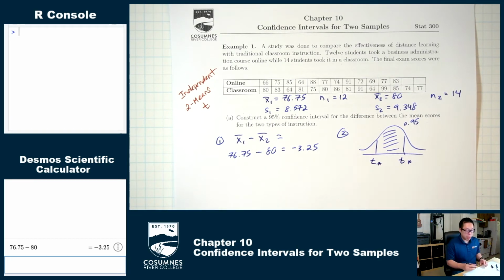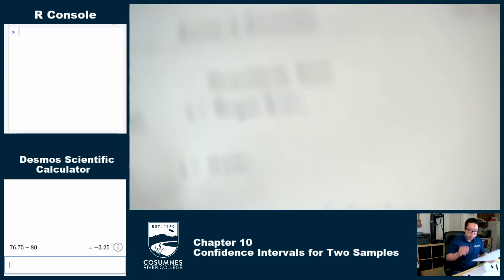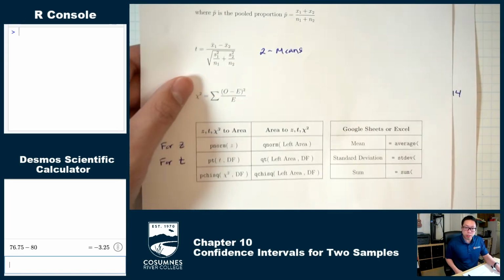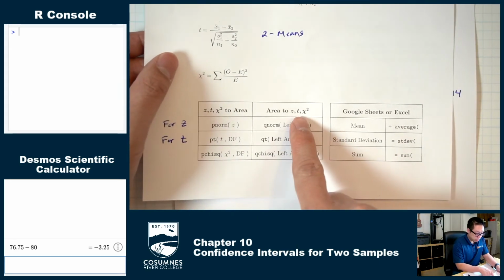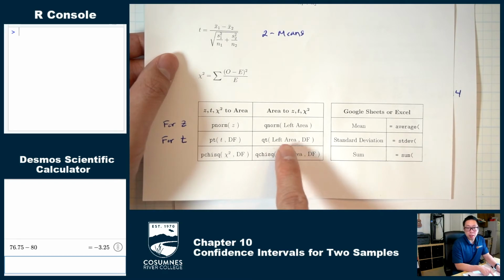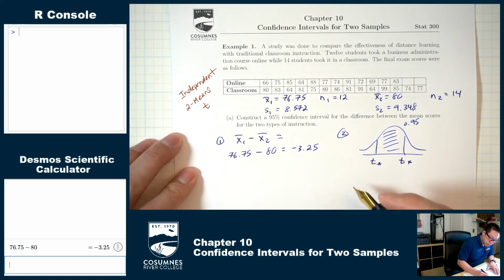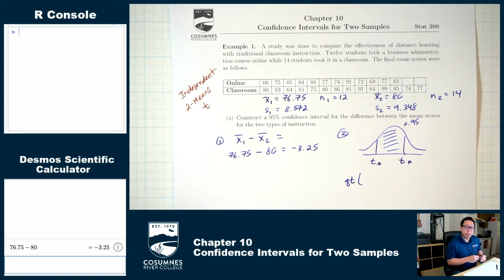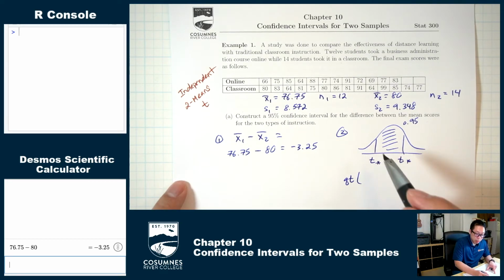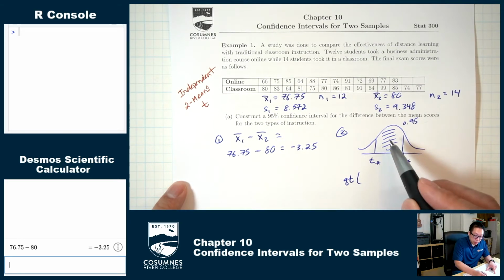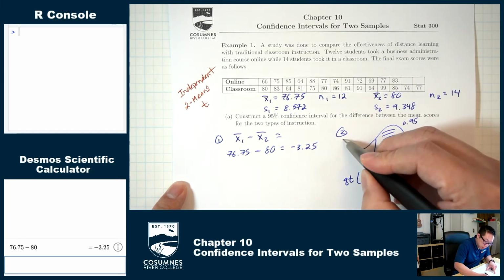And then this is really an area to T question. For area to T questions, from the front page of our formula sheet, area to T, in the T situation, is going to be QT, left area, DF. All right, so we'll do QT. Left area, so the left area of this picture, which is this left unshaded area. 0.95 is the shaded area. I need to first do 1 minus 0.95.